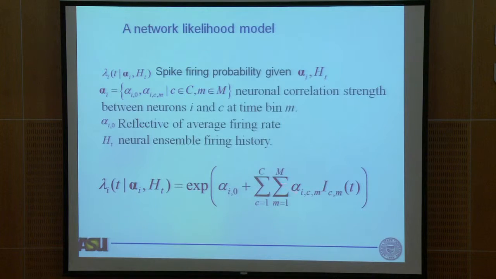The idea now is how we can estimate the interactions between two neurons, I and C, during time M. How we can estimate this coefficient. This basically measures the strength of the two neurons interacting.